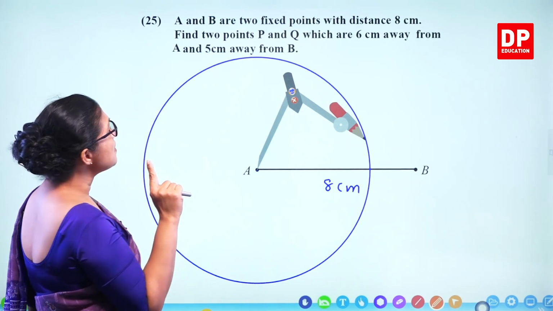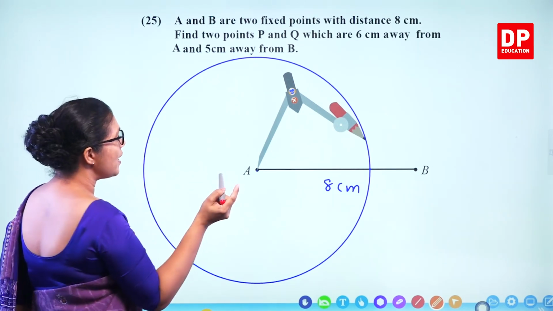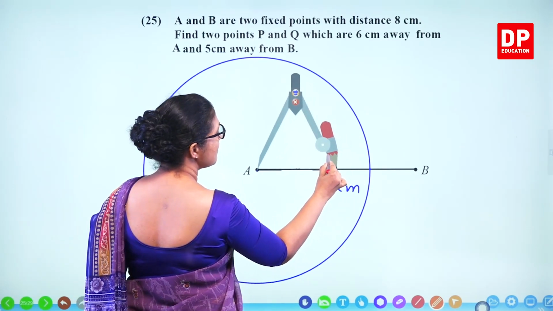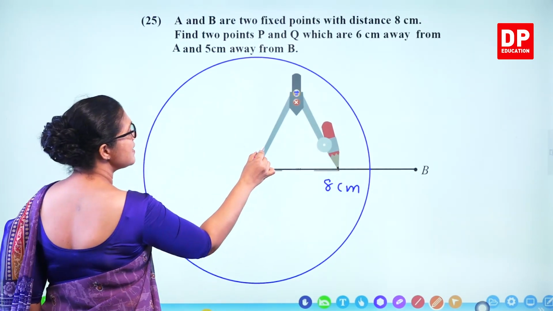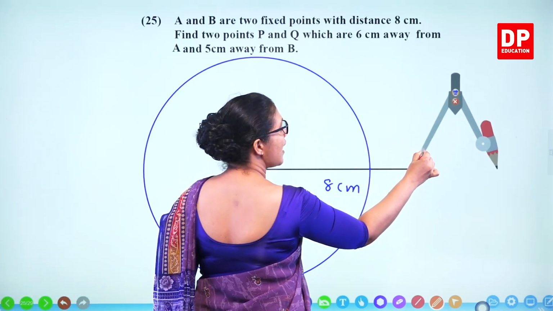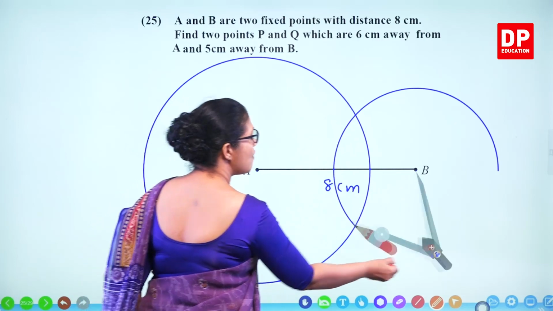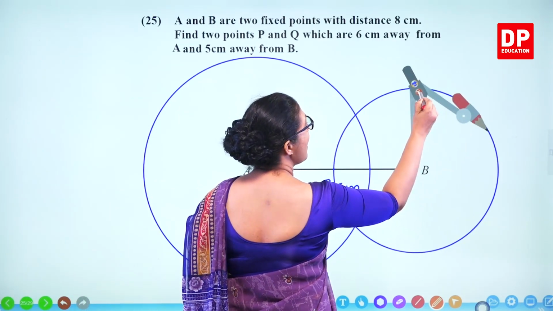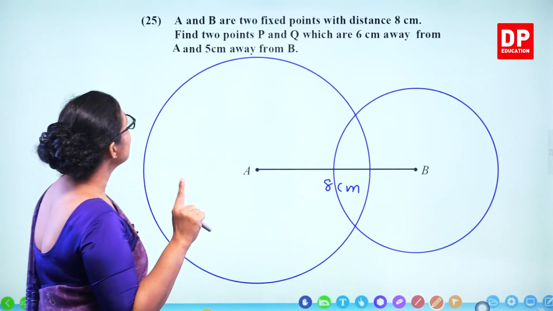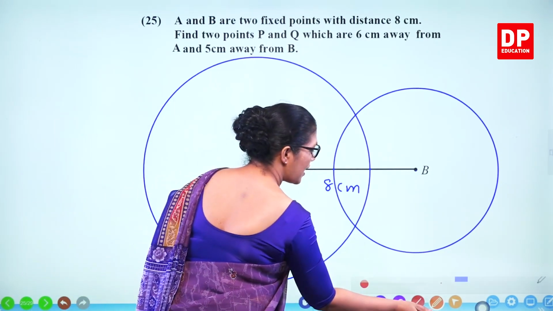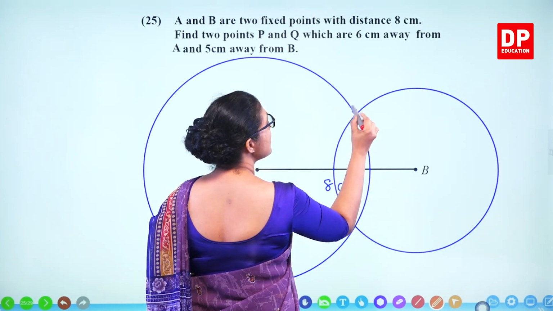And 5 centimeters away from B. So we can take shorter distance than this. We'll take 5 is something like this. And we can keep the compass here, and this is 5 centimeter away from B. And they are asking, so what are the 2 points satisfy both? So you get the intersecting points.